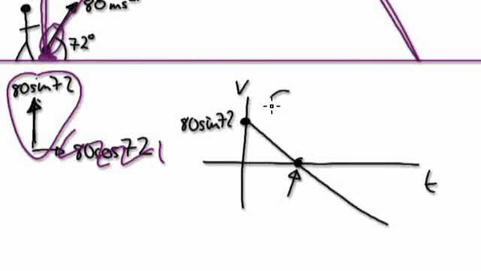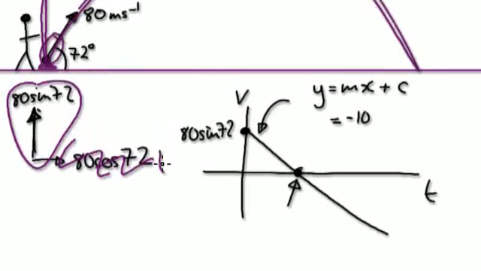Okay, so here you've got your next step, find the equation for this line. Well, any straight line is y equals mx plus c. Okay, the gradient happens to be minus 10 because we're on Earth. Gravity on Earth is 9.8, but we're going to round it off to 10. So minus 10x plus c.